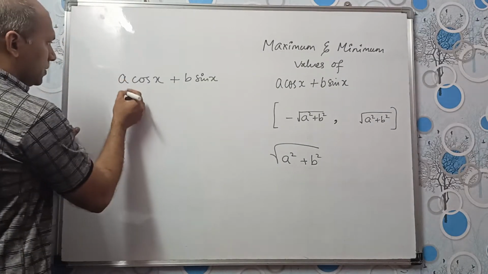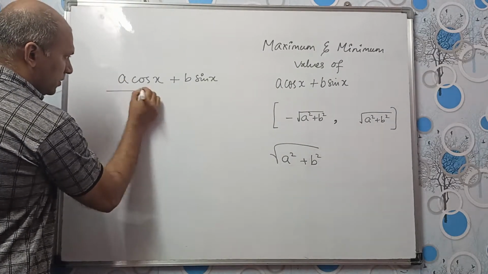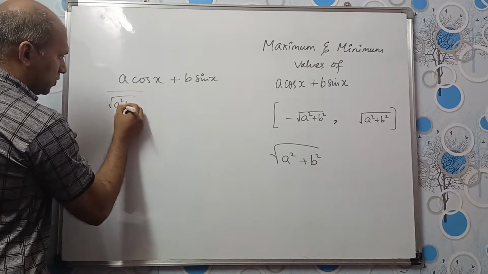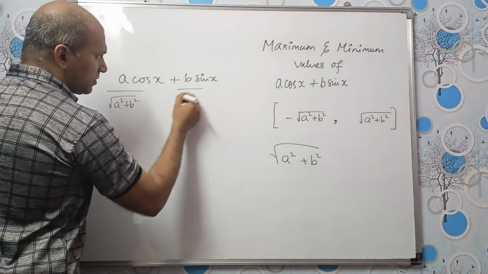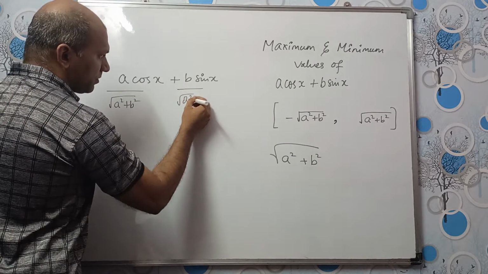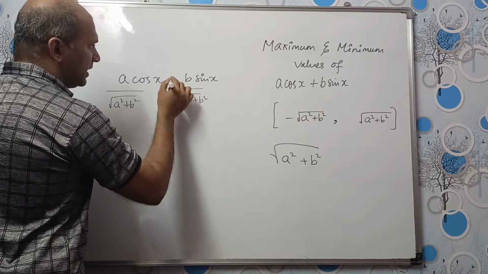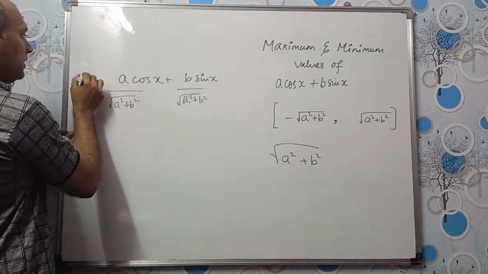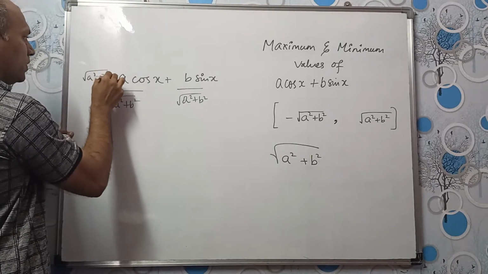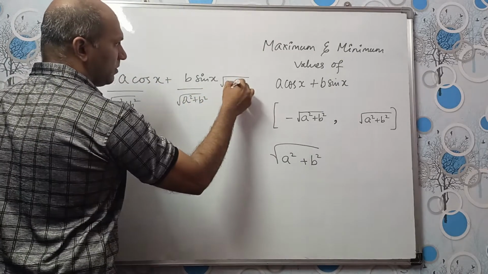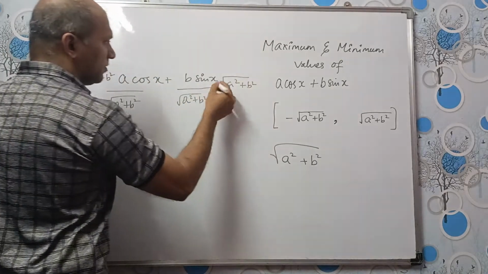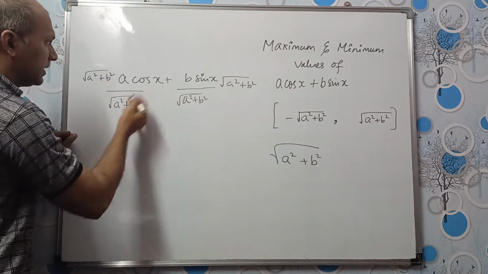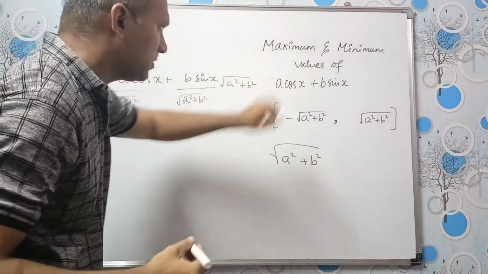Let us divide this by root of a square plus b square, and multiply by root of a square plus b square. Because these terms will get cancelled, we have the same thing again.